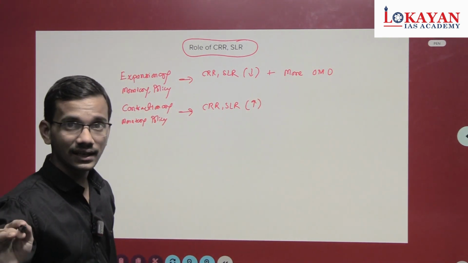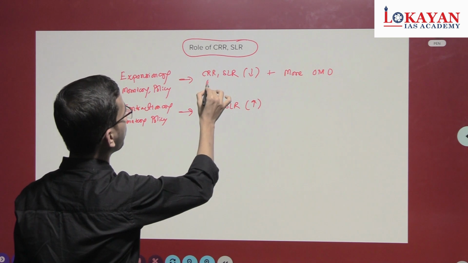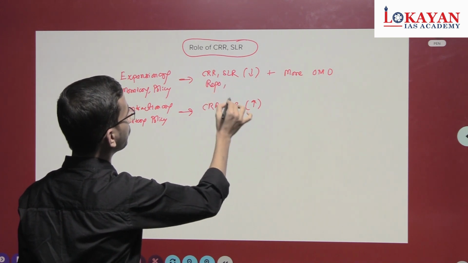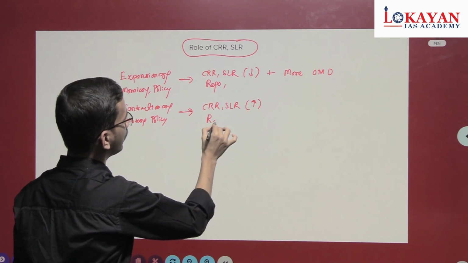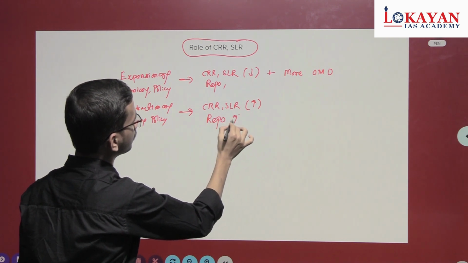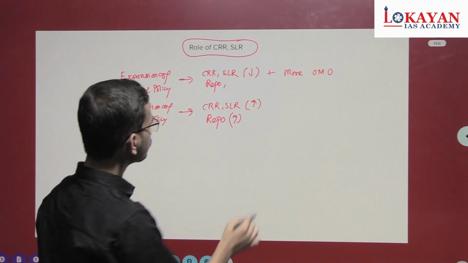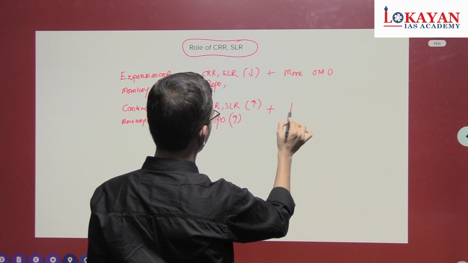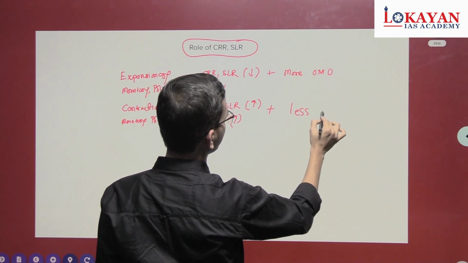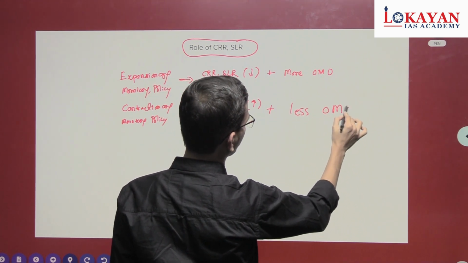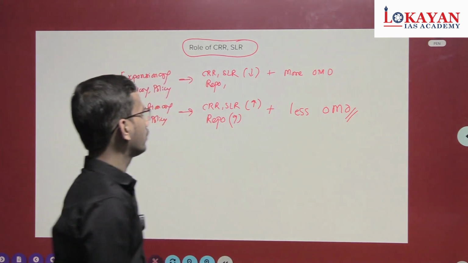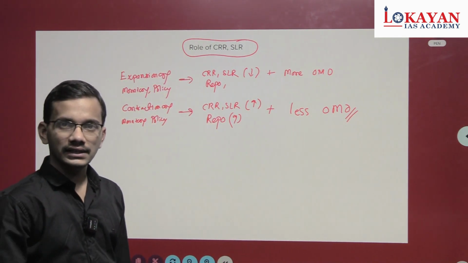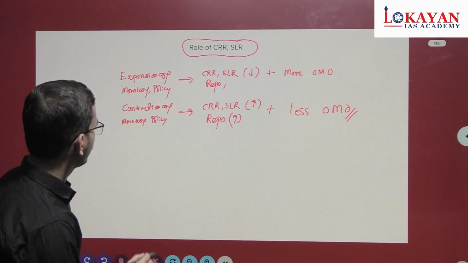Along with CRR, SLR, so repo. Okay, repo increases. Plus less open market operations. That's about contractionary monetary policy.